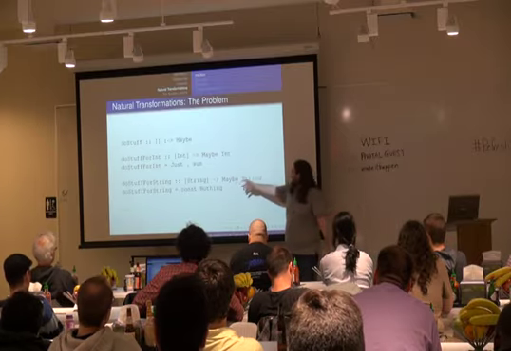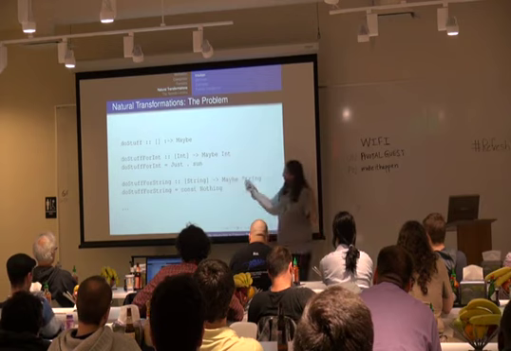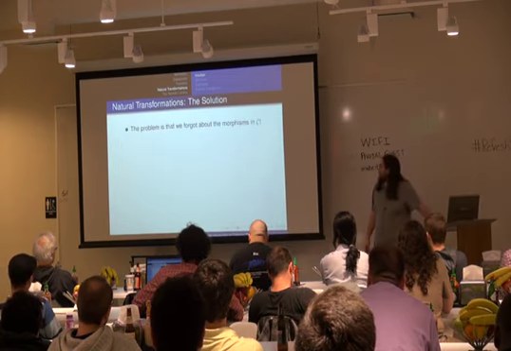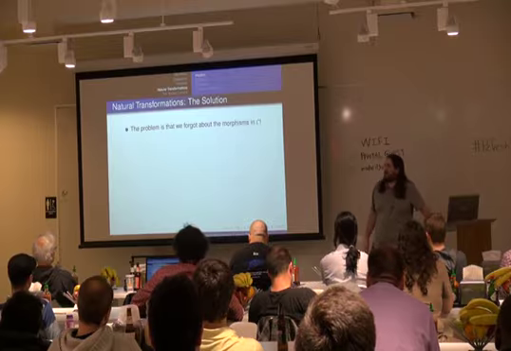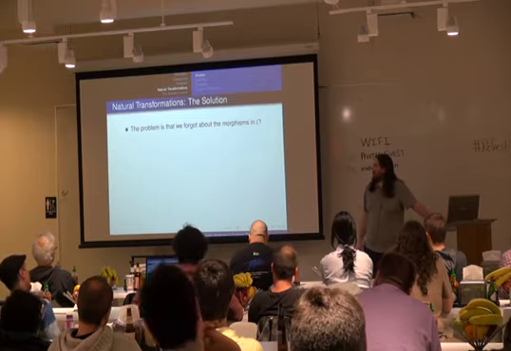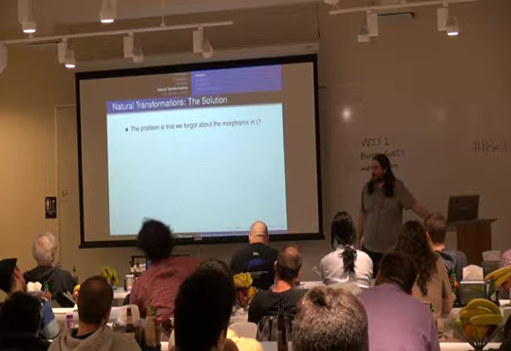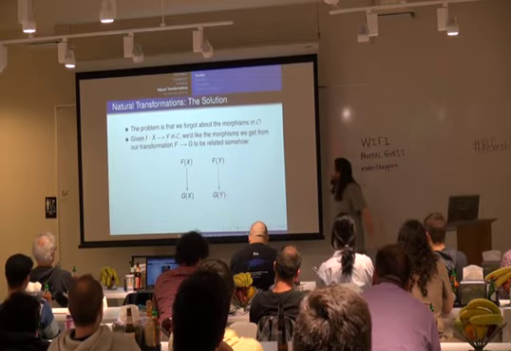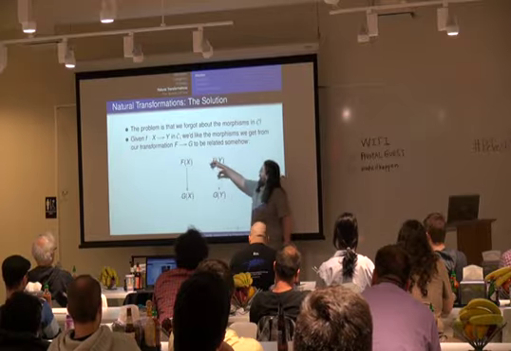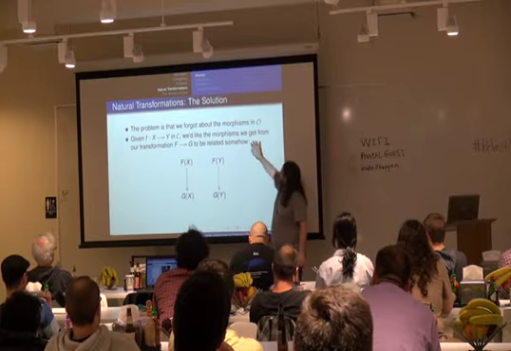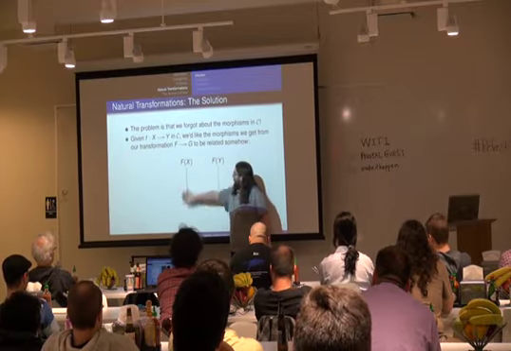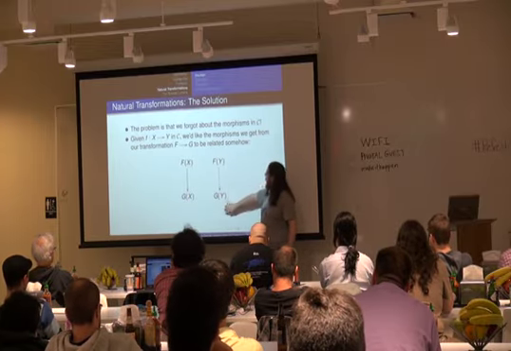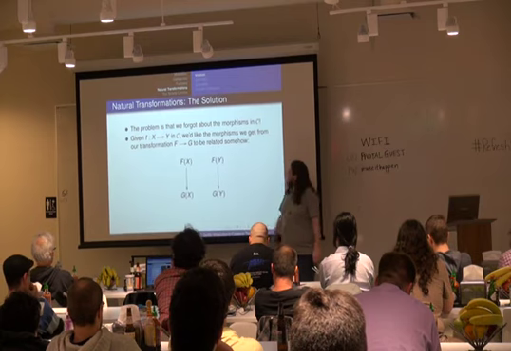So the problem is that clearly these are doing really different things. This one will give you a just, and this one will give you a nothing, and there's nothing in common between them. So the problem with this definition is that you need to remember the morphisms in your category C. So let's say I've got a morphism from x to y in my category C. I get a morphism from f of x to g of x from my natural transformation, and I get a morphism from f of y to g of y.